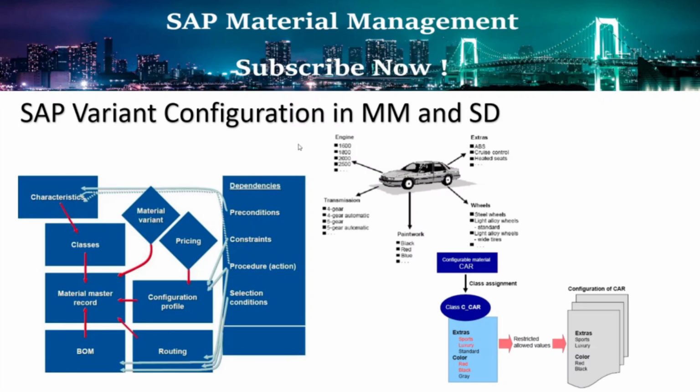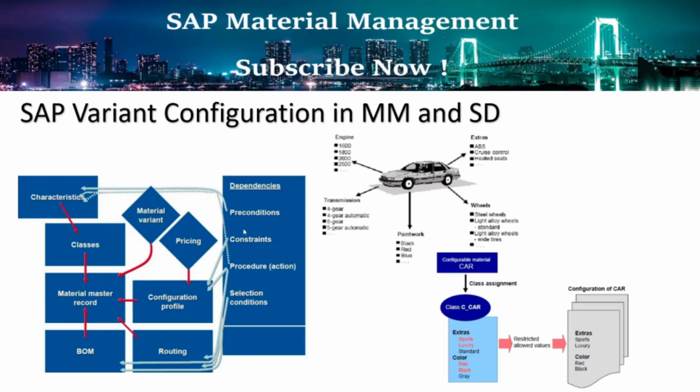This process is mainly used in production planning, okay, and it can be very complex. But in our demo, we're going to show a simple functionality in MM and SD without the PP module.